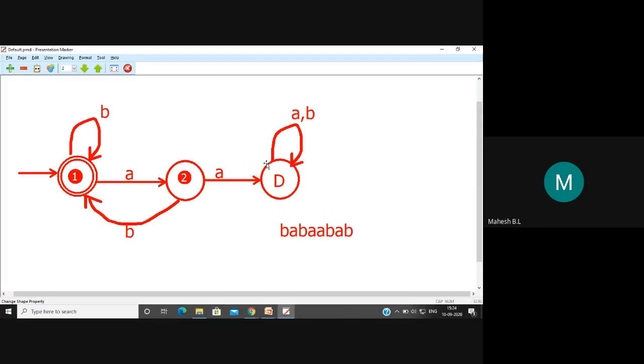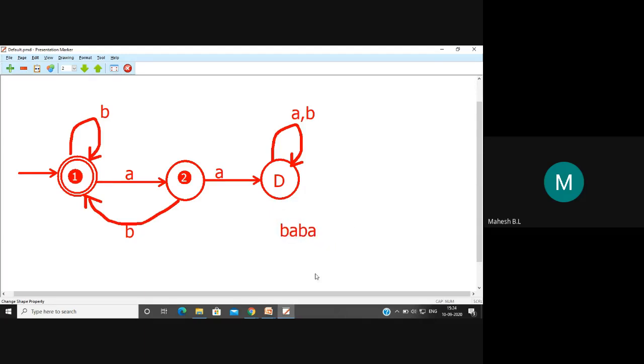The remaining string, BAB, can be read by the self loop on the dead state. So after reading this string, your DFSM is in state D, which is the rejecting state. That's why this string is rejected. Now consider one more example.